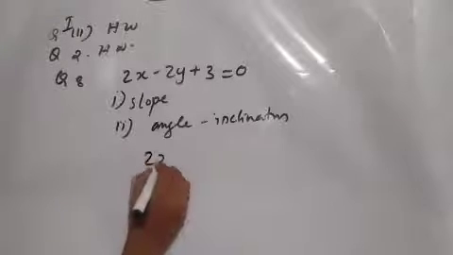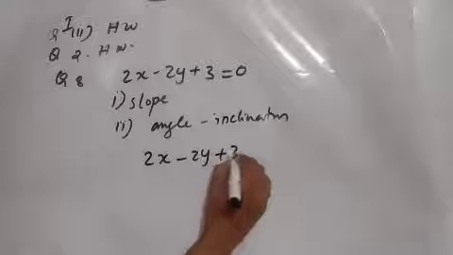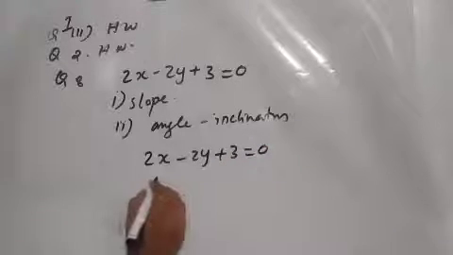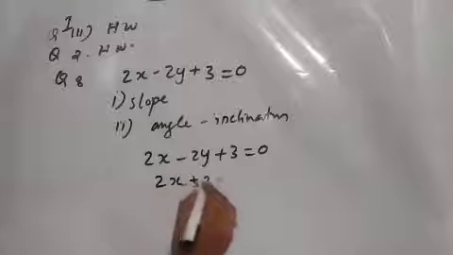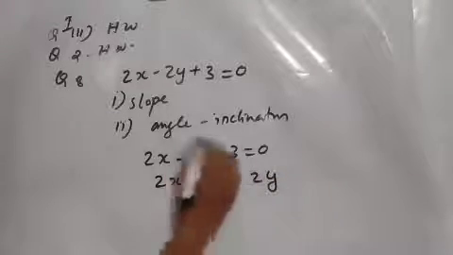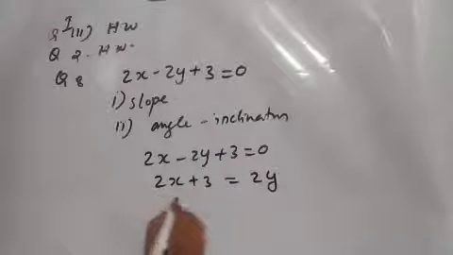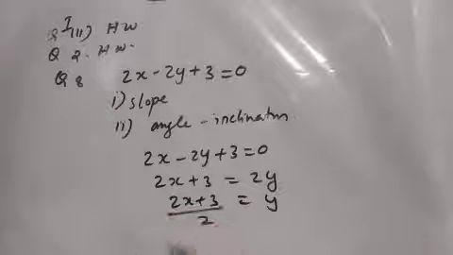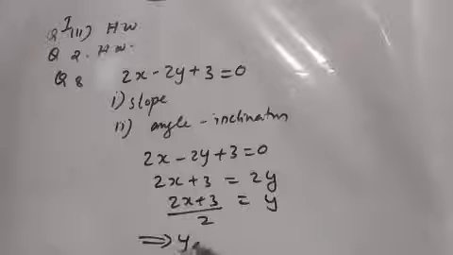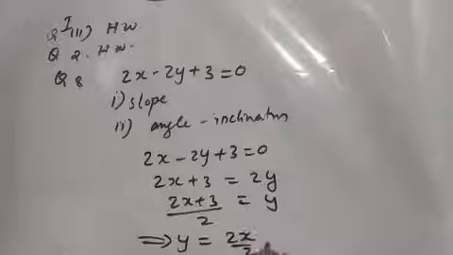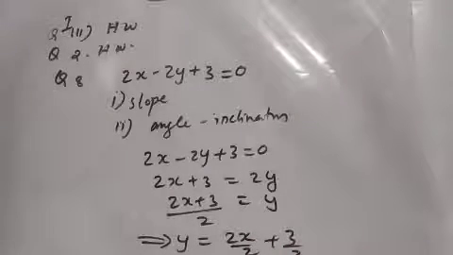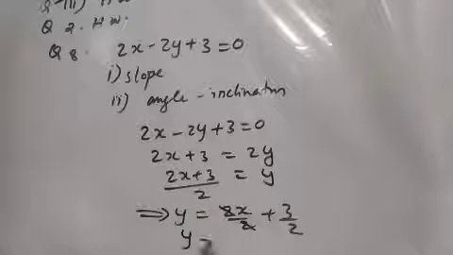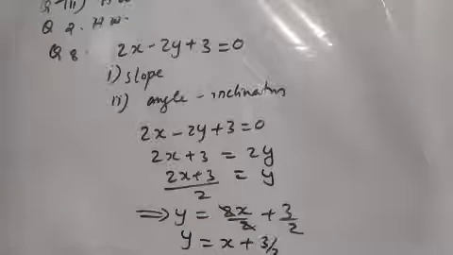That is 2x minus 2y plus 3 equal to 0 can be written as 2x plus 3 equal to 2y. We can write this 2y to the right side. And y is equal to 2x plus 3 whole divided by 2. Or y is equal to 2x by 2 and 3 by 2, no? We can simplify this. 2 and 2 cancelled. Y is equal to x plus 3 by 2.